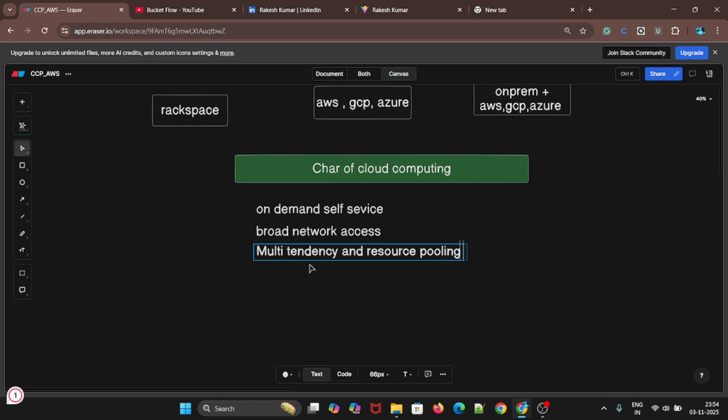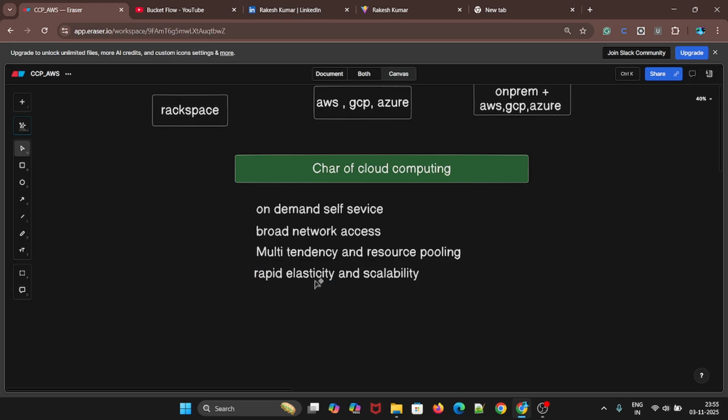Even if you are far away, you are still able to access your services. Now rapid elasticity and scalability.